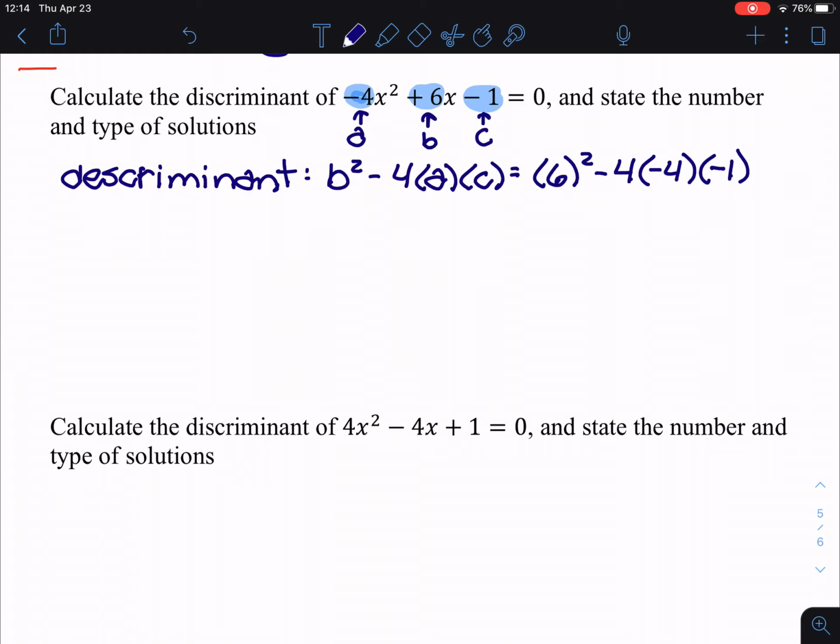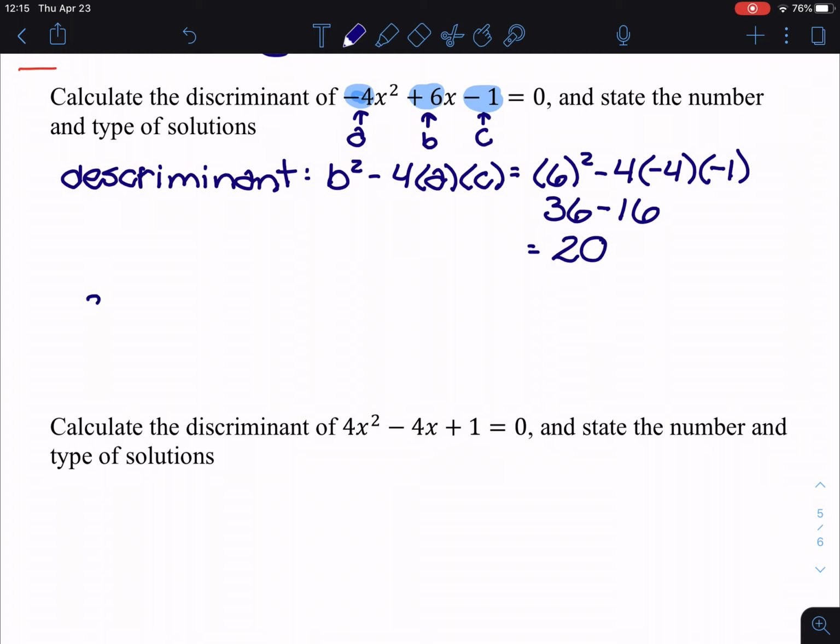Okay. Now I'm going to calculate this out. So 6 times 6 is 36. Okay. -4 times -4 is positive 16. And positive 16 times -1 is -16. Okay. So my discriminant here is equal to 20.